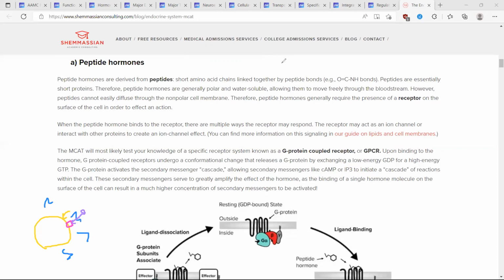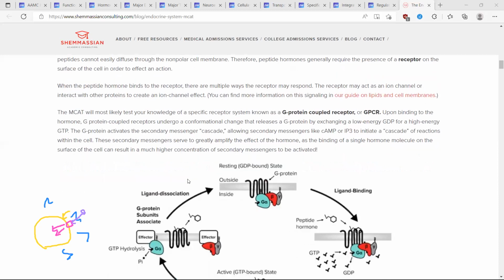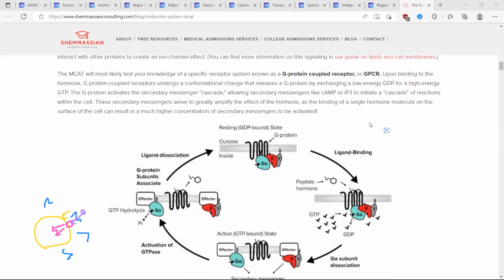And once it attaches to the receptor, the receptor receives the signal. It's going to say, okay, the hormone is here, I know what I have to do, and it's going to start processes inside of the cell. So this is how a peptide hormone works. It's very important to understand that a peptide hormone cannot get into a cell. It's just going to be outside and attach to the surface. So let's talk a little bit more in detail about how this system actually works.